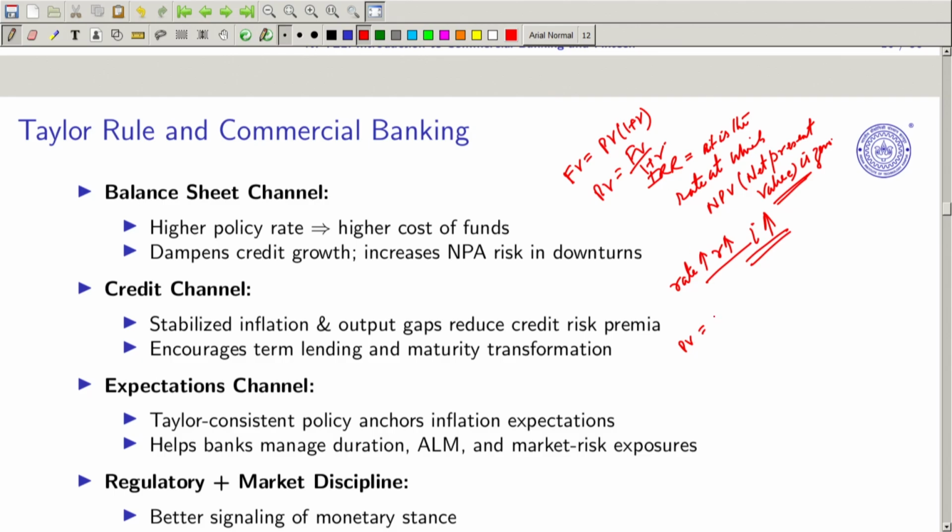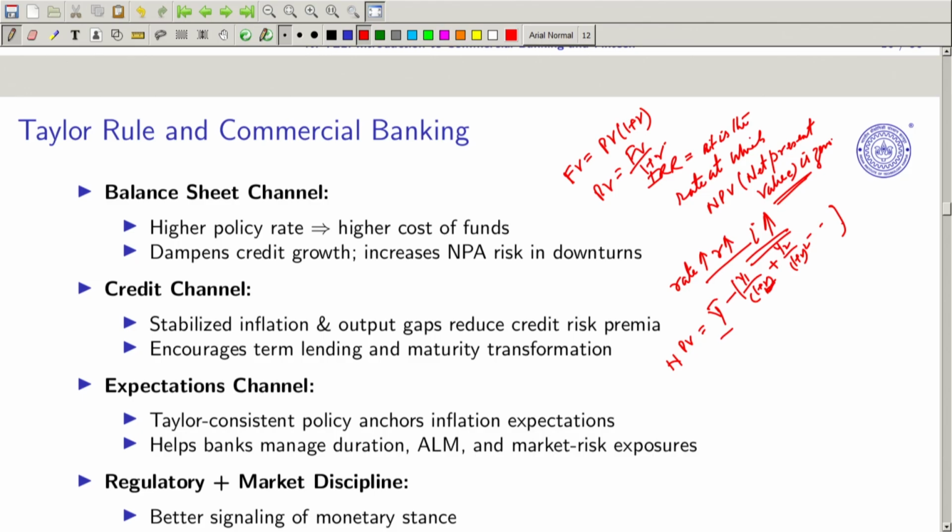So suppose your NPV is what? Initial investment. Suppose my investment is Y, right? And my cash flows are Y1 upon 1 plus R plus Y2 upon 1 plus R square and so on, right? So this is my initial investment, and this is how much I am getting. So I have to solve for R, and that's why our IRR calculations are quite tricky, because I have to solve for this R. What is this R, the rate that we are considering?